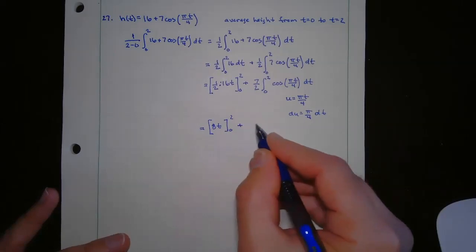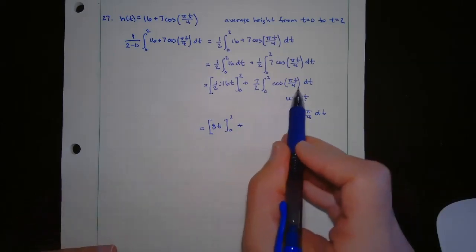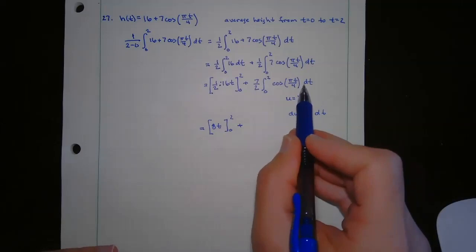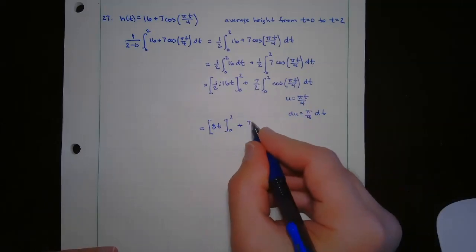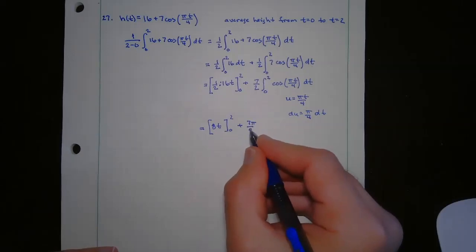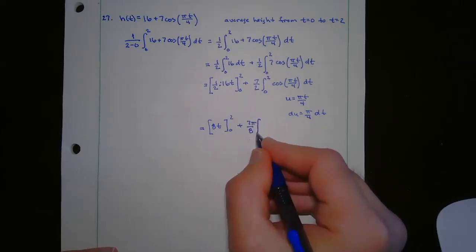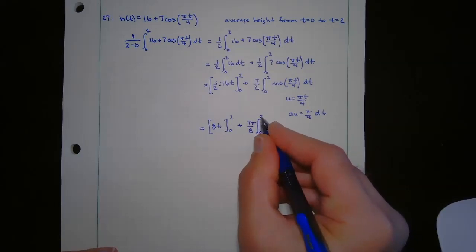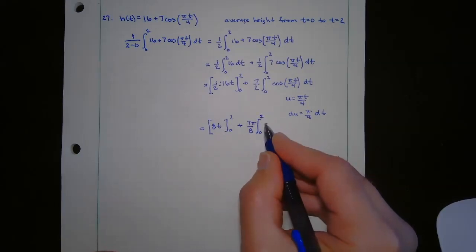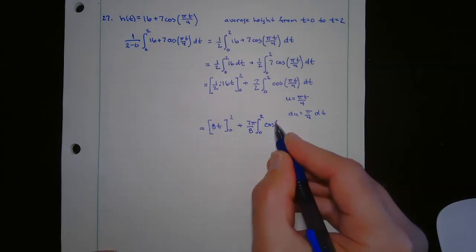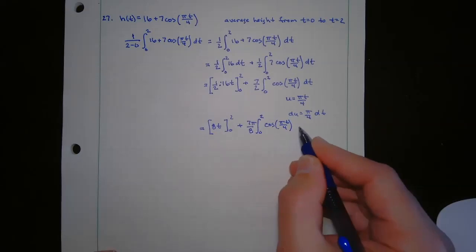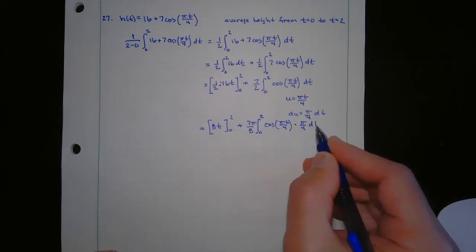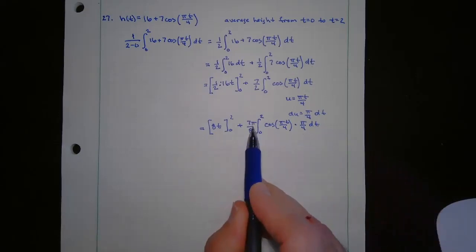And then plus, I'm going to need pi over 4 dt, so I multiply by 4 over pi to get that, times cosine of pi t over 4 times pi over 4 dt.